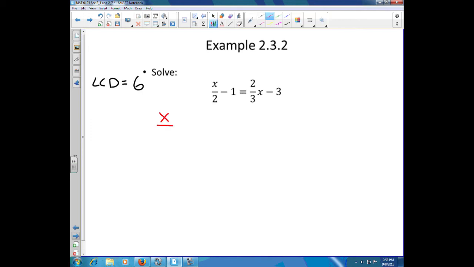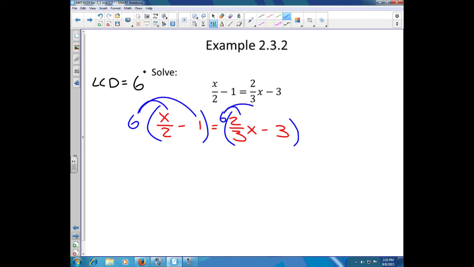And so we're going to take each term, or depending on how you want to think about it, each side of the equation. And we're going to multiply both sides by 6. Well, the 6 will distribute to each term.